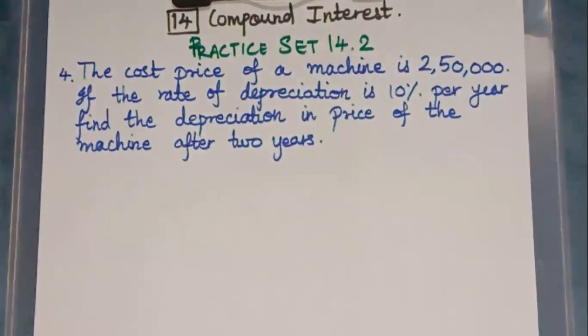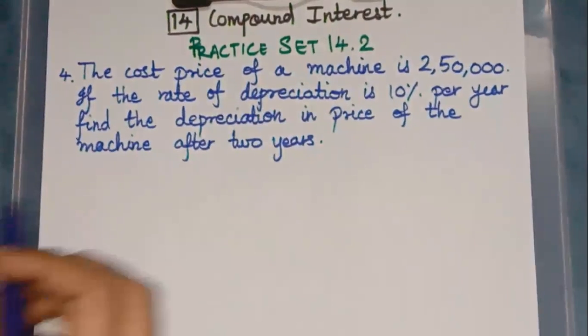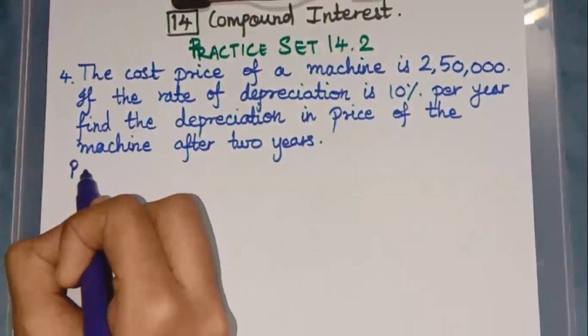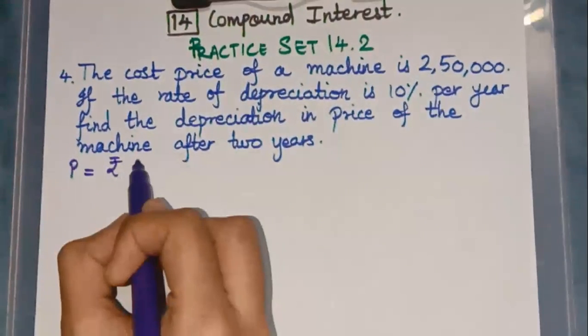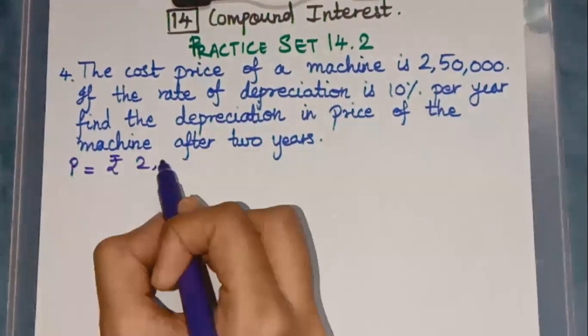So firstly girls, you have to understand what you have in this question. Whatever we have, we are going to write it down and then we are going to solve it. I have the principal as rupees 2,50,000.